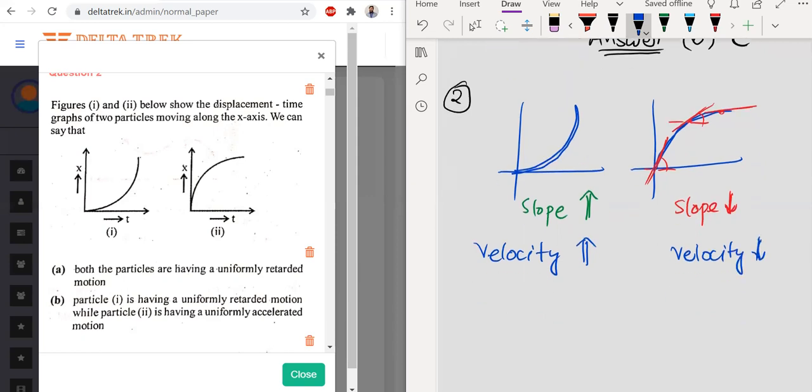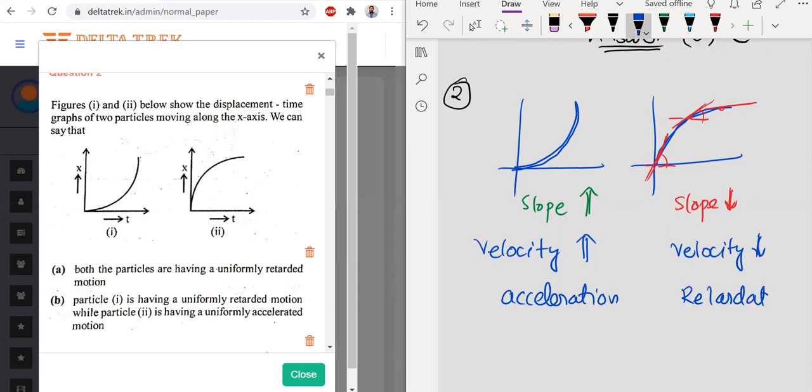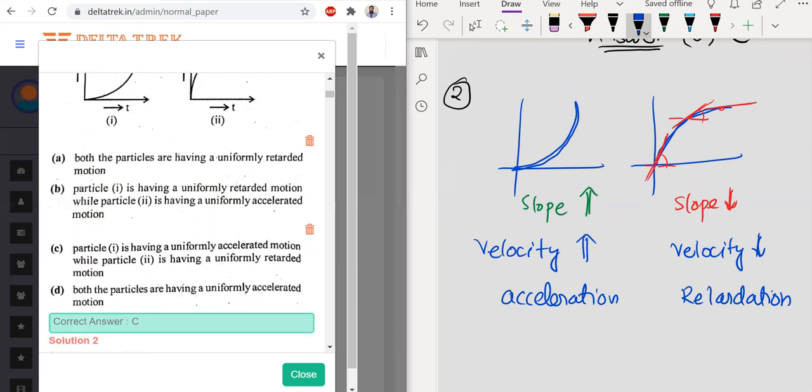Velocity increasing means acceleration, and velocity decreasing means retardation. So we can safely say the first one is accelerating and the second one is retarding. So answer C will be correct.